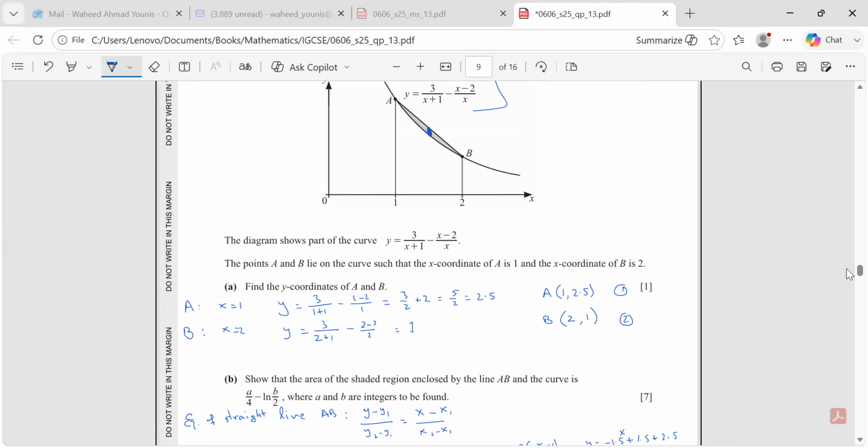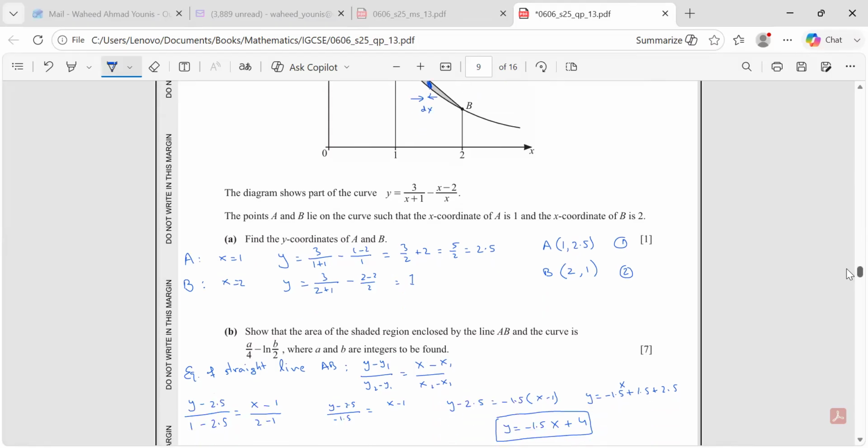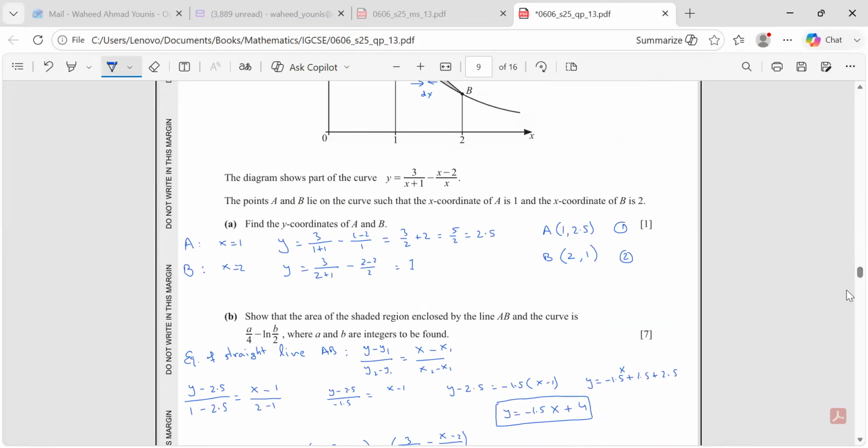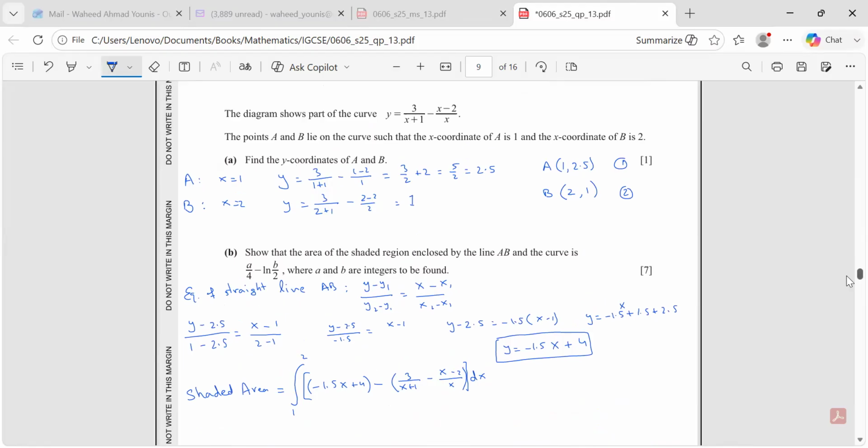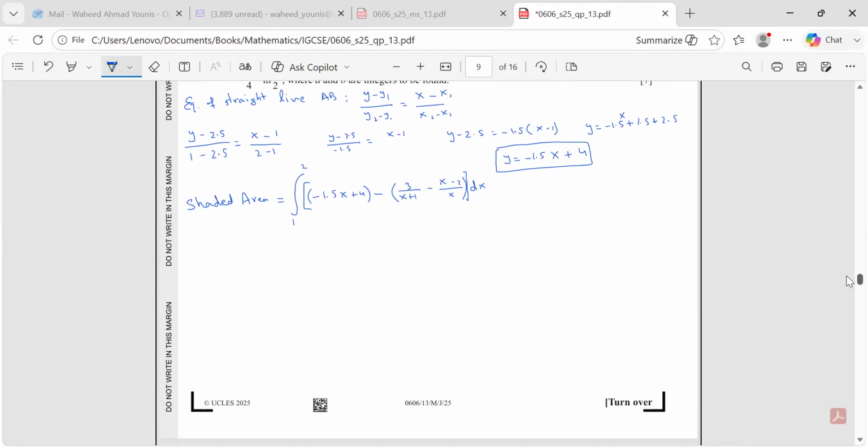Its width is only dx. So when I multiply this thin strip length with dx, it will give me the area of this thin strip. And if I integrate this where x goes from 1 to 2, it will give me the total shaded area. I hope you understand the whole philosophy here: how do we find the area using integration?